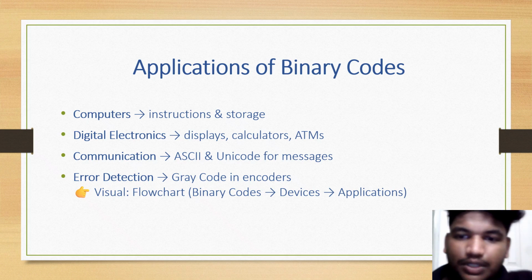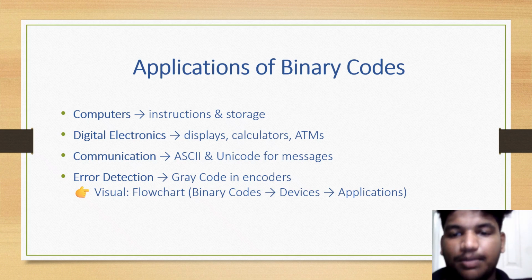Now I explained about the complete types of binary codes. Why binary codes are important, what the uses of binary codes are, the applications of binary codes, I said all. Now I am going to explain about the applications of binary codes. These binary codes are used in computers. If we send any information to the computer, the processing is done in binary.